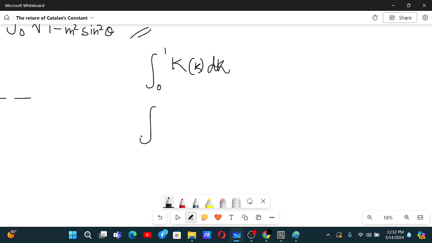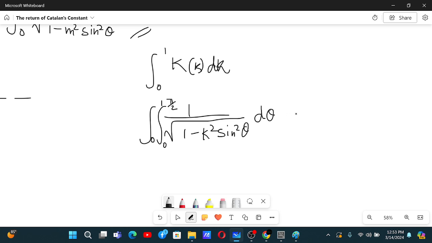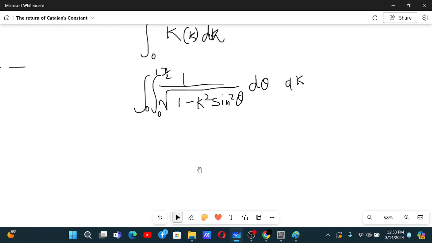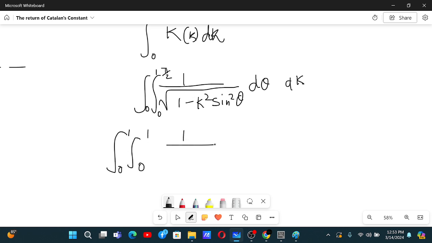And we know that capital K of k is the integral from 0 to pi by 2 of 1 by root under 1 minus k square sin square theta d theta, and then dk. Sorry for missing that. So in this second integral, we can make a substitution that t is sin theta. That will simplify these things. If you make that substitution, this will also now go from 0 to 1.